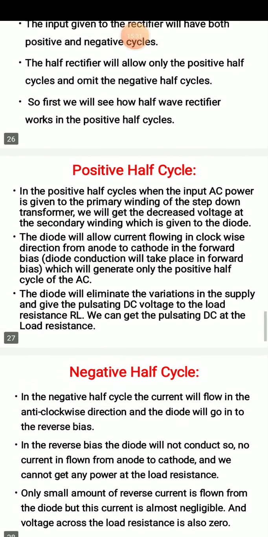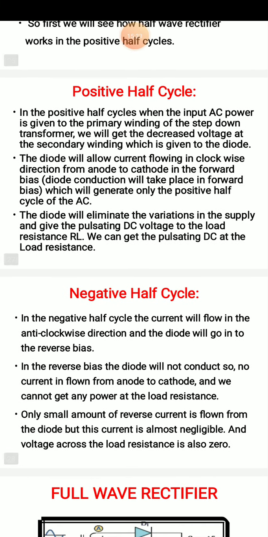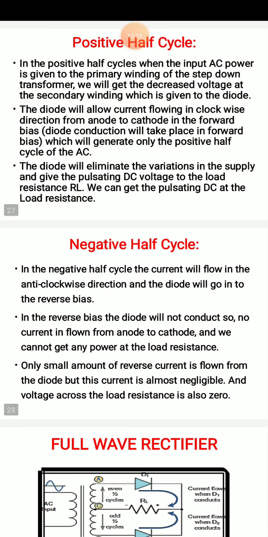Next is positive half cycle and negative half cycle. In the positive half cycle, when the input AC power is given to the primary winding of the step down transformer, we will get the decreased voltage at the secondary winding, which is given to the diode. The diode will allow current flowing in the clockwise direction from anode to cathode in forward bias.